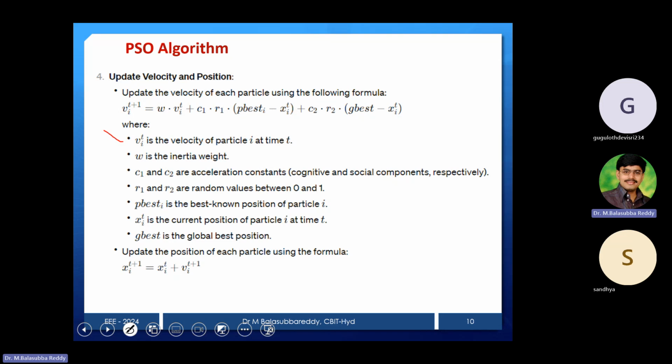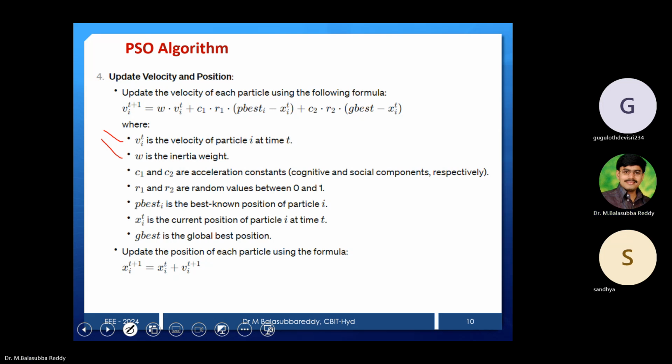So that is V i, t plus 1, which gives us the velocity update. And W is the inertia weight. And C1, C2 are acceleration constants, the cognitive and social components respectively.